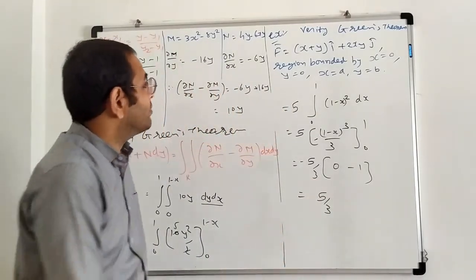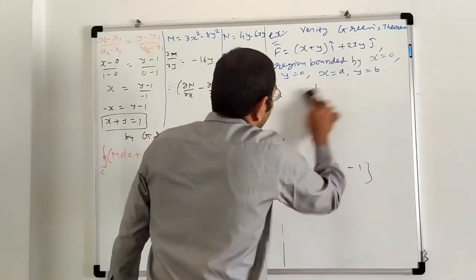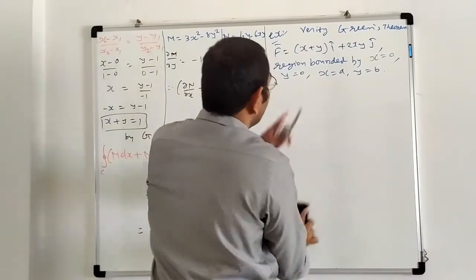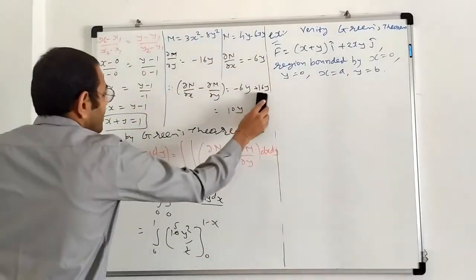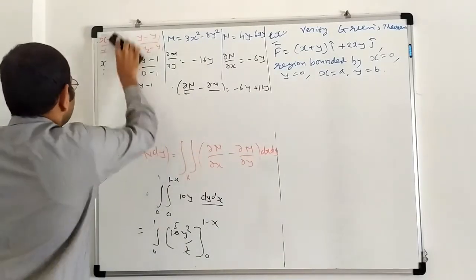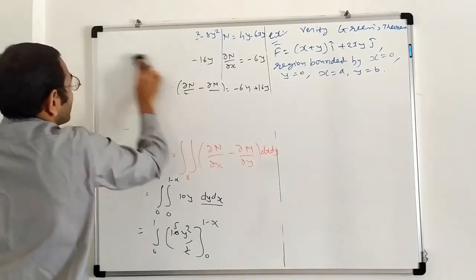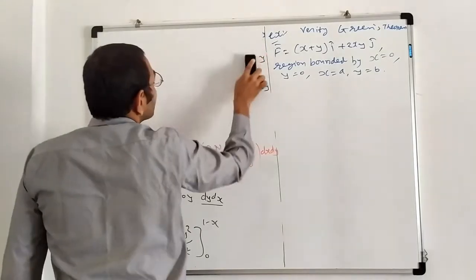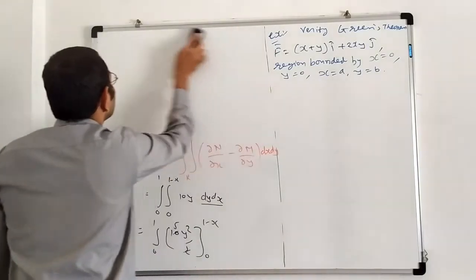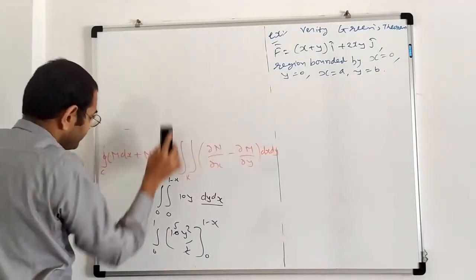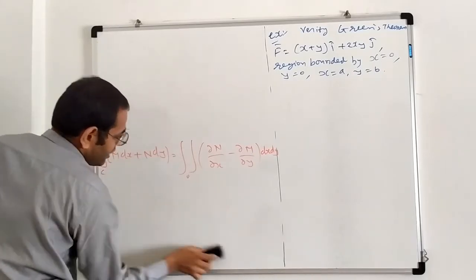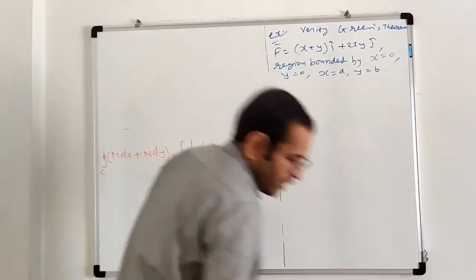Next example: in this example we verify Green's theorem. First we solve the example by Green's theorem, and after that we verify it.